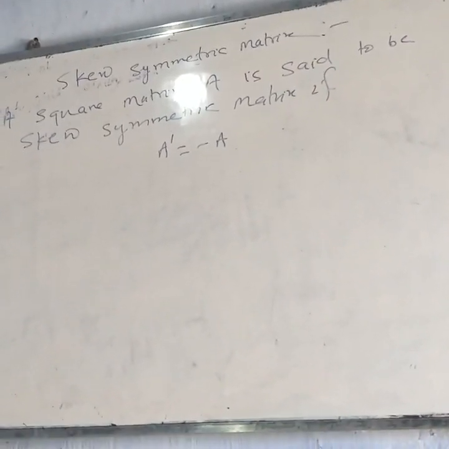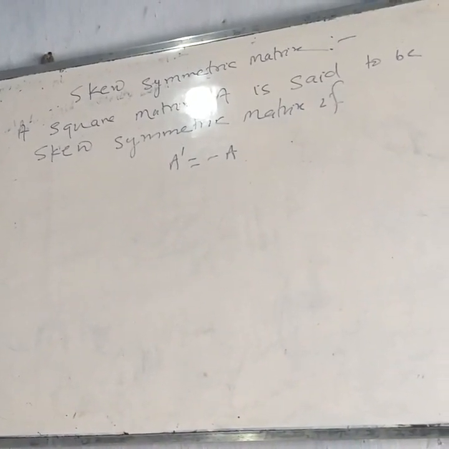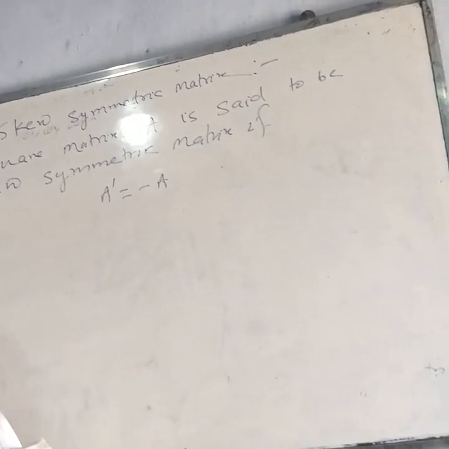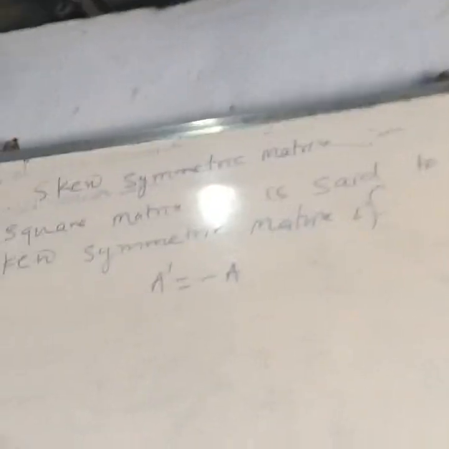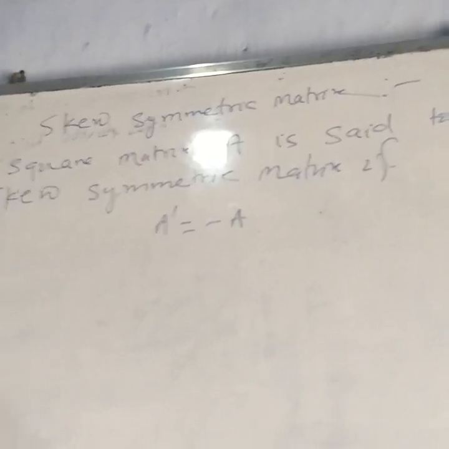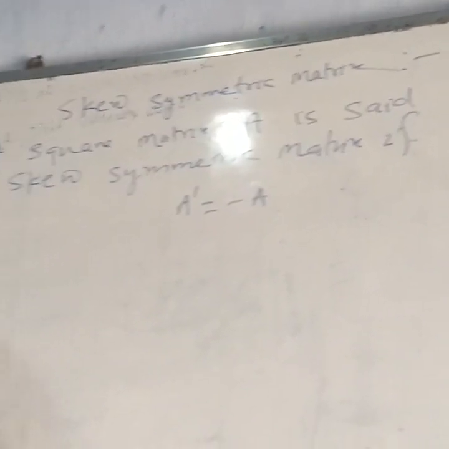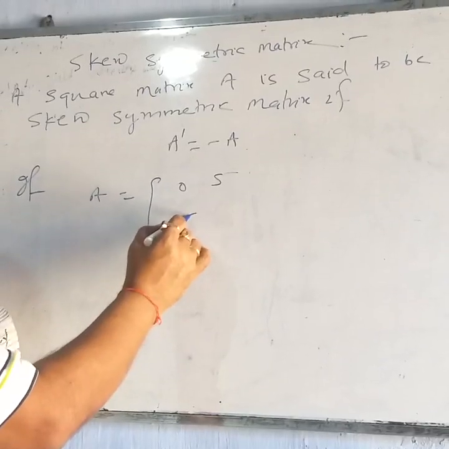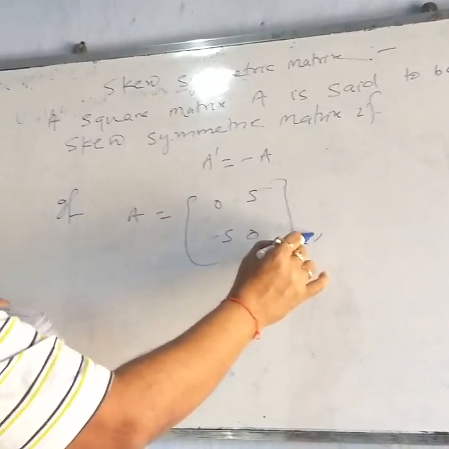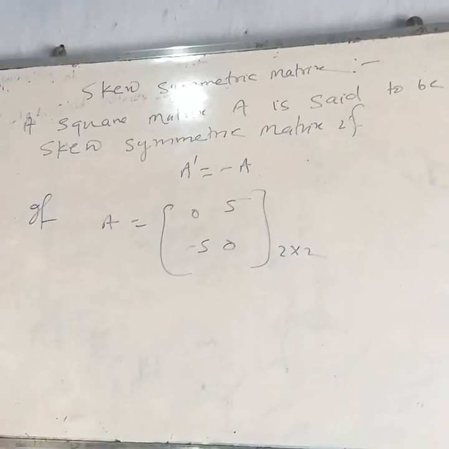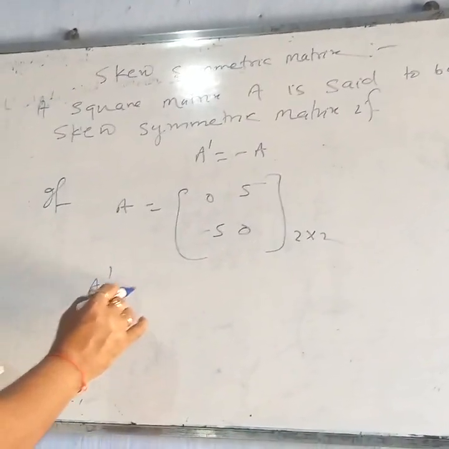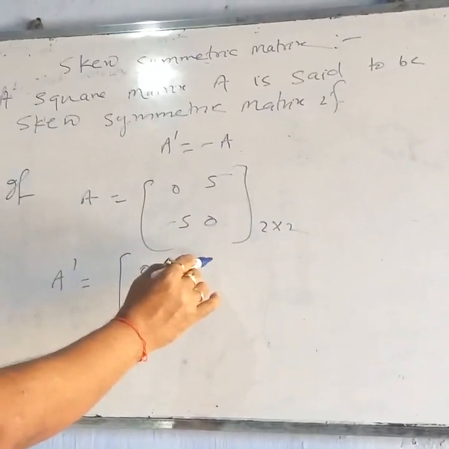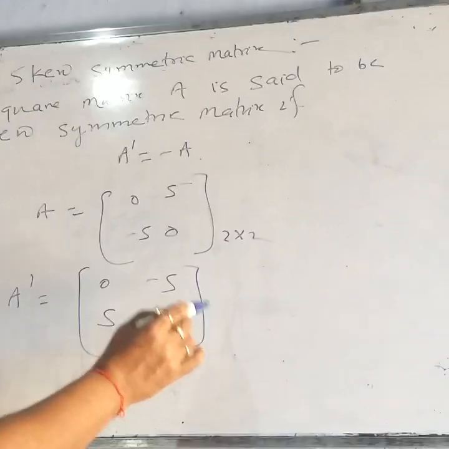Example of a skew symmetric matrix. We can take the example of a skew symmetric matrix with minus 5 and 0, a square matrix of order 2. Then A transpose: first row into first column, second row into second column.